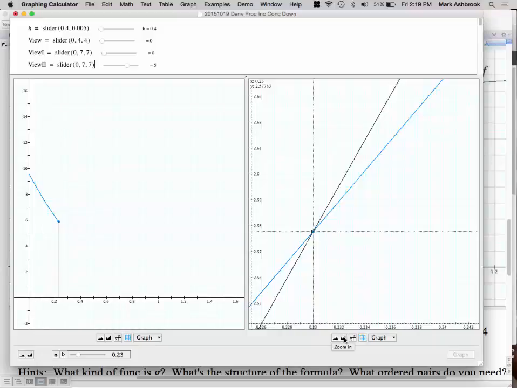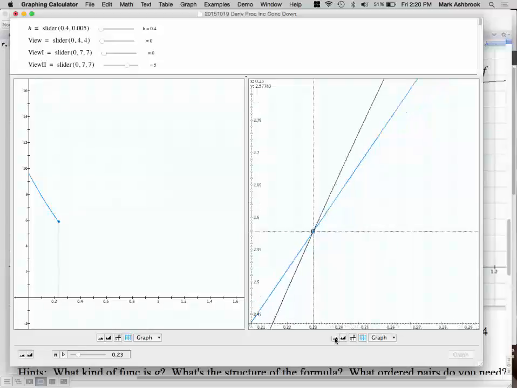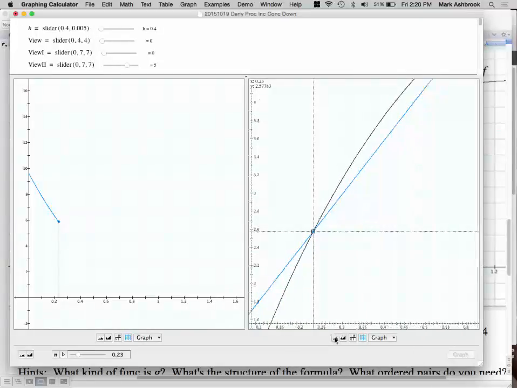No, it's a lower rate of change. The blue line is giving us a lower rate of change. So while we get a smooth curve, it's still approximate, because for this, say, 0.23, your rate of change is lower than the actual rate of change, which is shown here by the local linearity of the black accumulation function. So it's still approximate, but it's just a smooth curve.